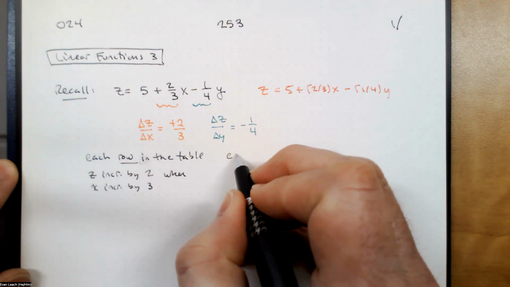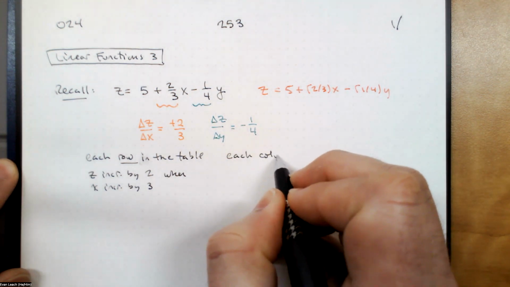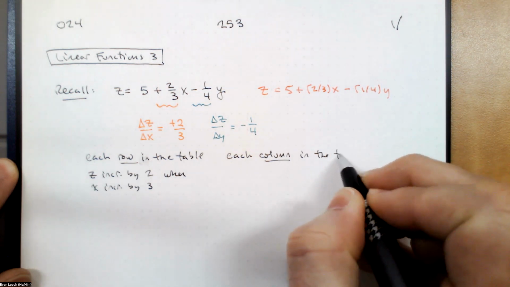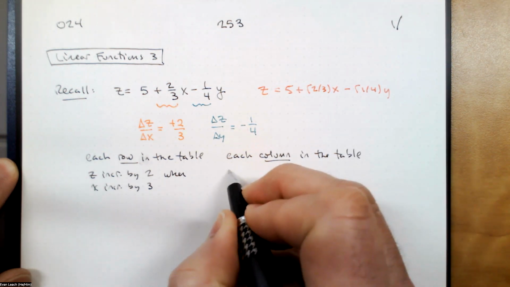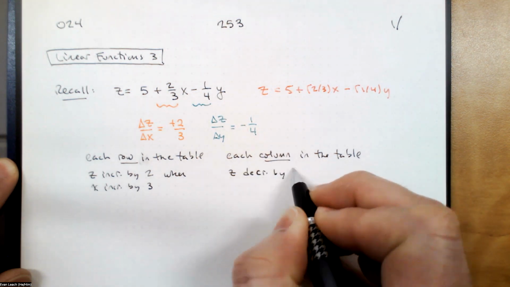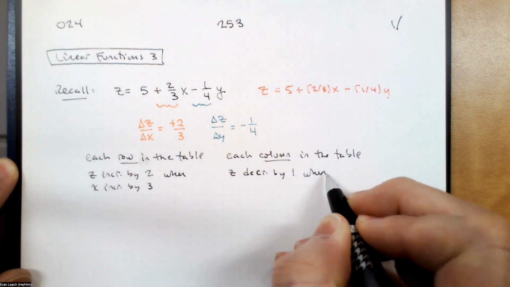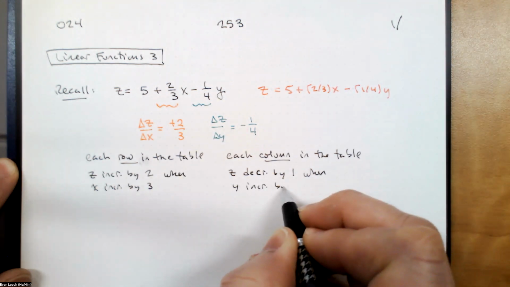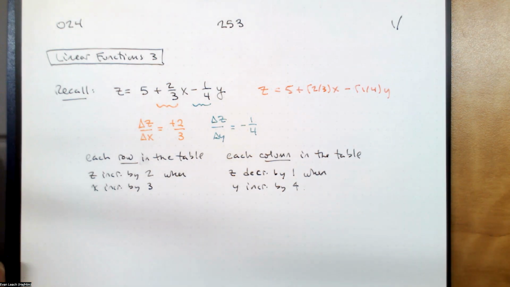So in each column of the table, z decreased by 1 when y increased by 4. That's what we saw happening in the table.